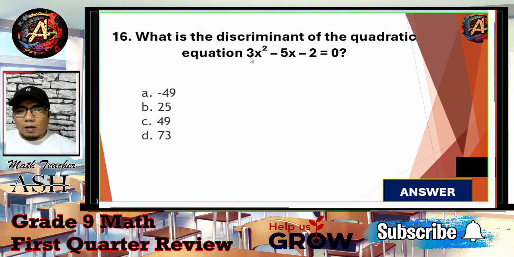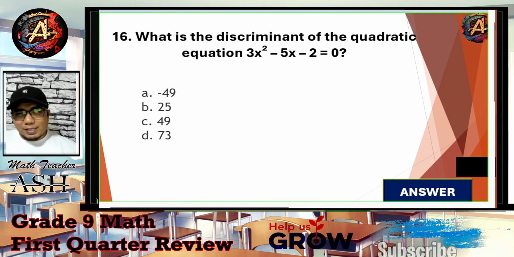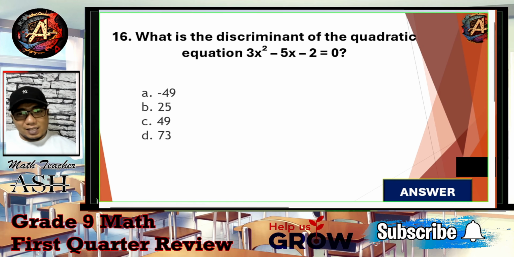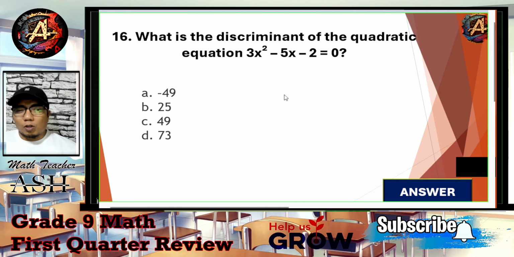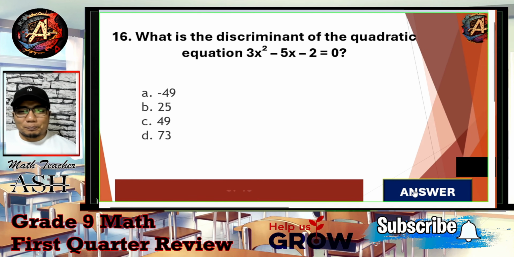Now, multiplying minus 4 times A times C, that would mean 3 times 2, that is 6. 6 times 4, that would be 24. And since we have minus from the minus 4AC and negative 2 here, that will be positive. So therefore, we have 25 plus 24, giving us positive 49, letter C. Very good. Let's check whether we are correct.